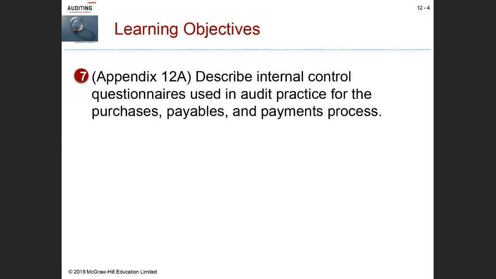You'll see a reference to general or environmental controls, and then you'll see a breakout for application controls as they apply to each of purchases, application controls as they apply to payables, and then application controls as they apply to payments. And those application controls are broken out by the various management assertions, accuracy, completeness, etc. So again, we'll look at that in a few moments.